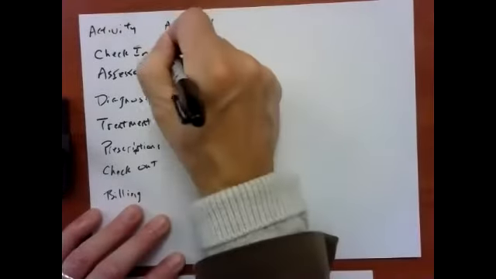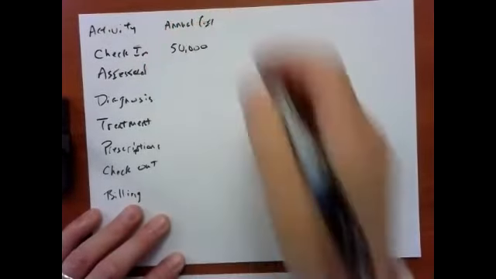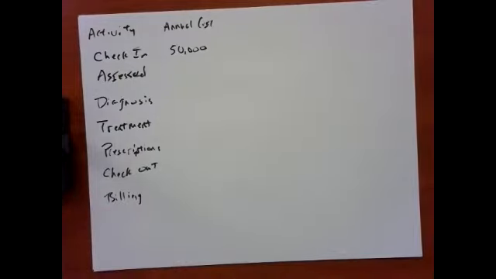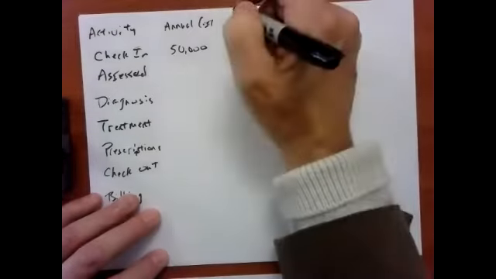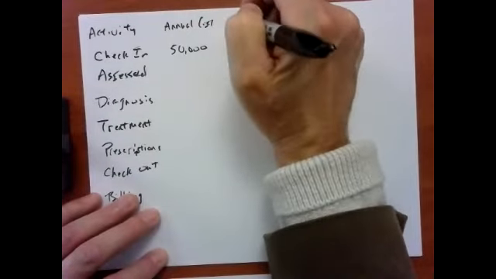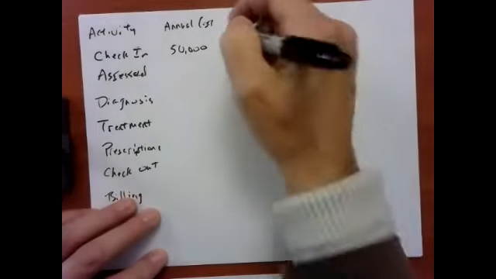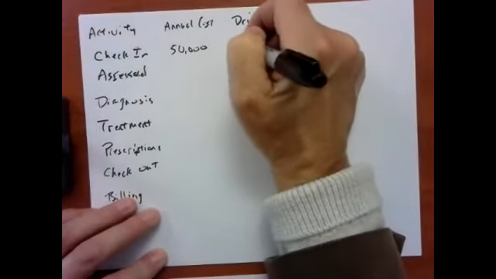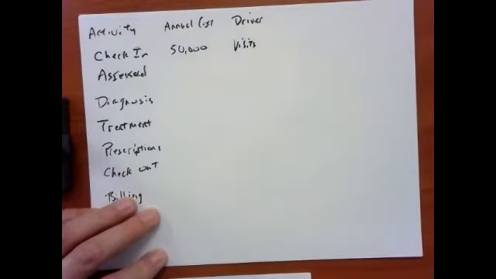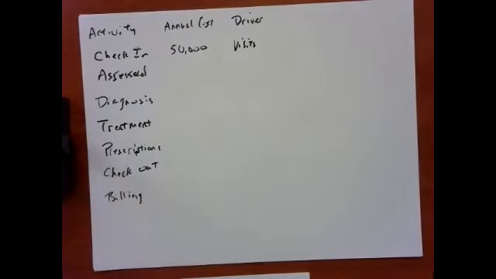And what we come up with is $50,000. And we're going to use as a driver for check-ins the number of visits. So what we're going to assume is the number of visits drives the amount of effort involved in providing the check-in process.